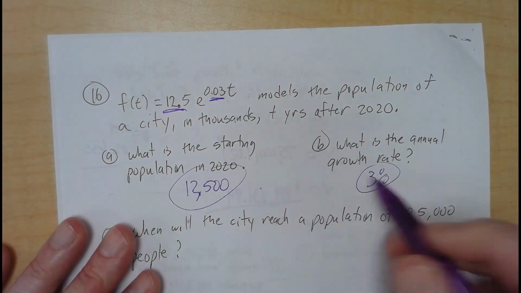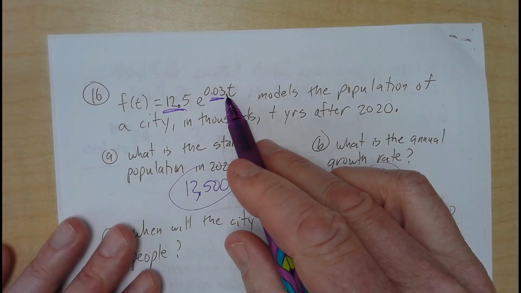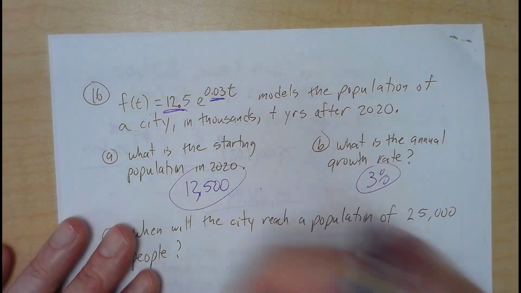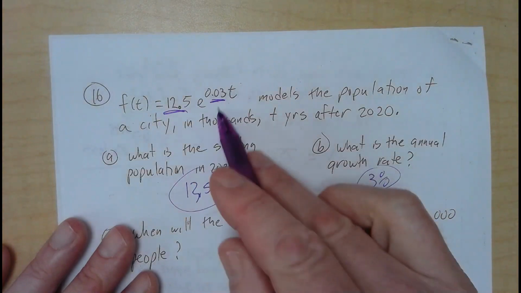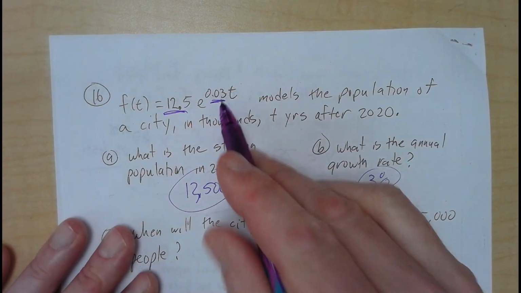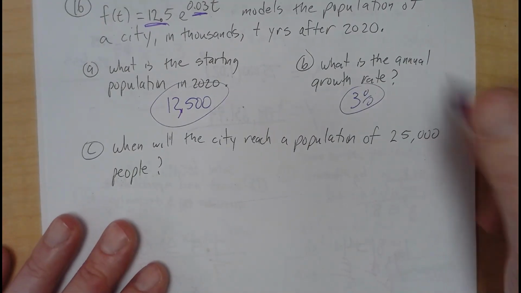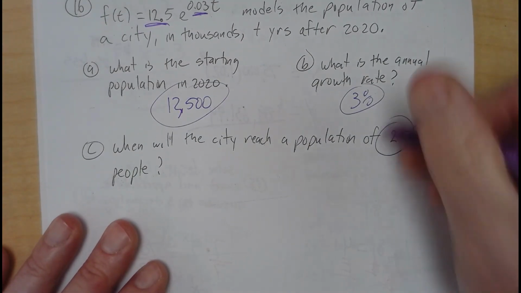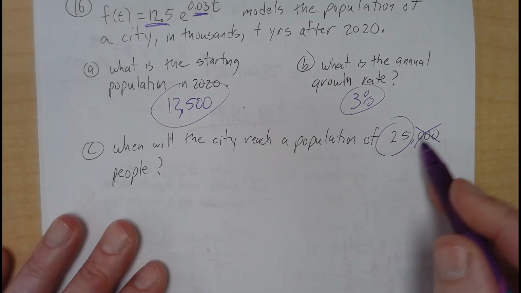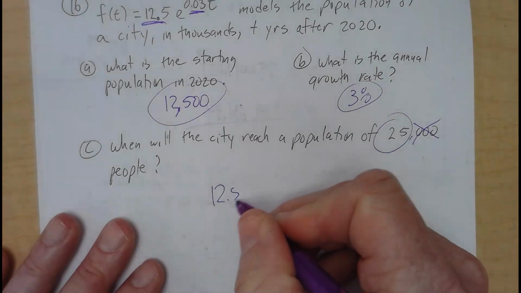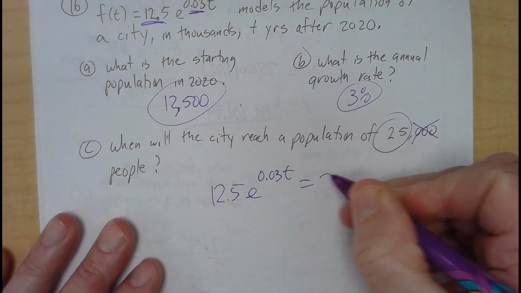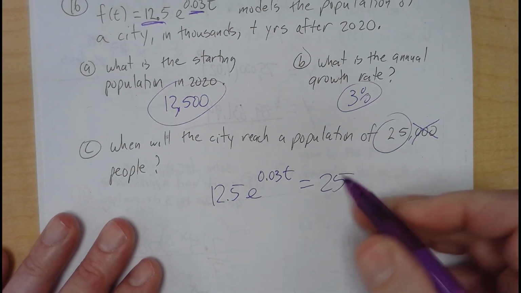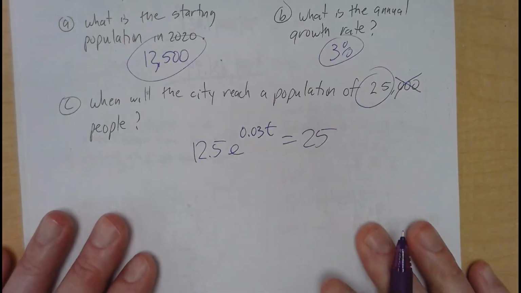It's not 1.03. 1.03 would be for the other exponential model. But for E, it's included in that. And then we're going to go to 25,000. So we get rid of the thousands, and we just say 25, which means 25,000. So we do 12.5 E to the 0.03 T is equal to 25.